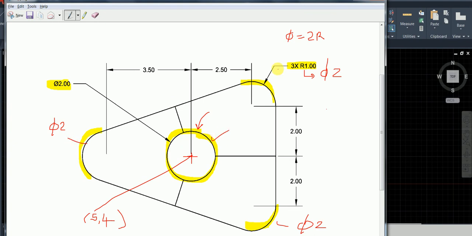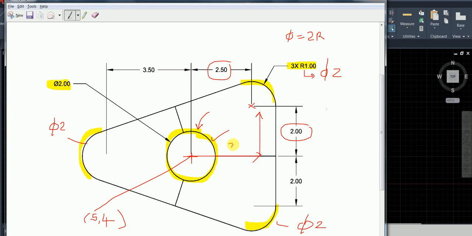Now we draw 3 more circles. Think, how would you draw the circles, or how would you draw this drawing? Many different methods are there. One of the easiest methods, in my opinion, is to draw circles, 3 circles. He's given 3 circles, and he's given dimensions, no? Location. Okay, so can I say this one circle center is at 2.5 units at the right and 2 units at the left.